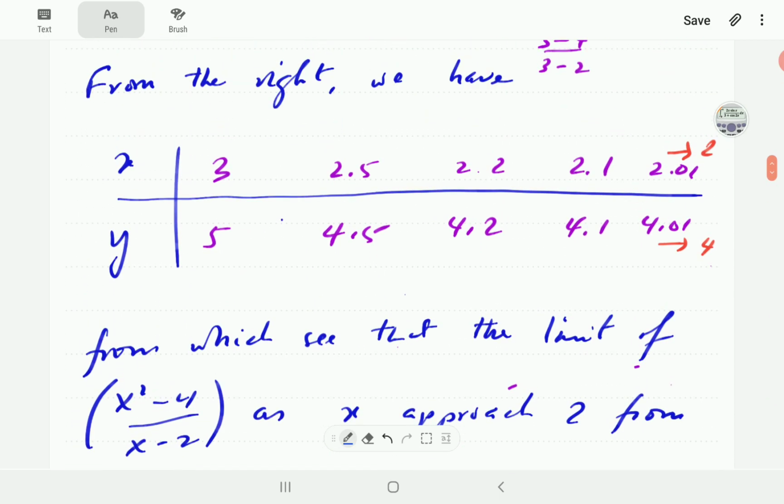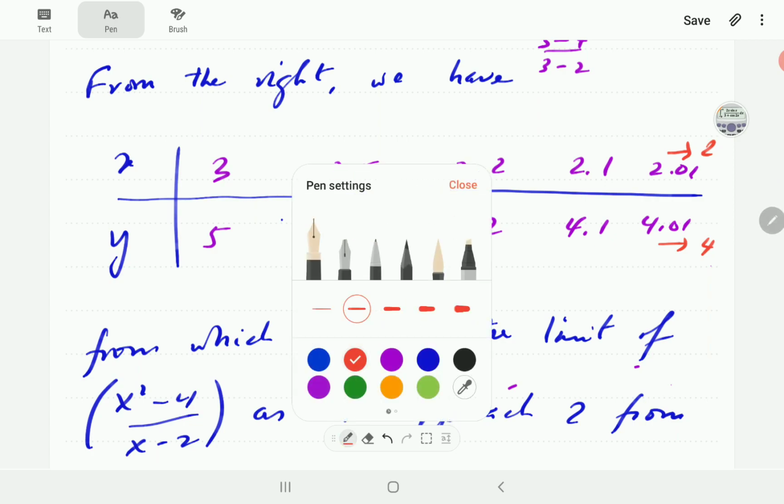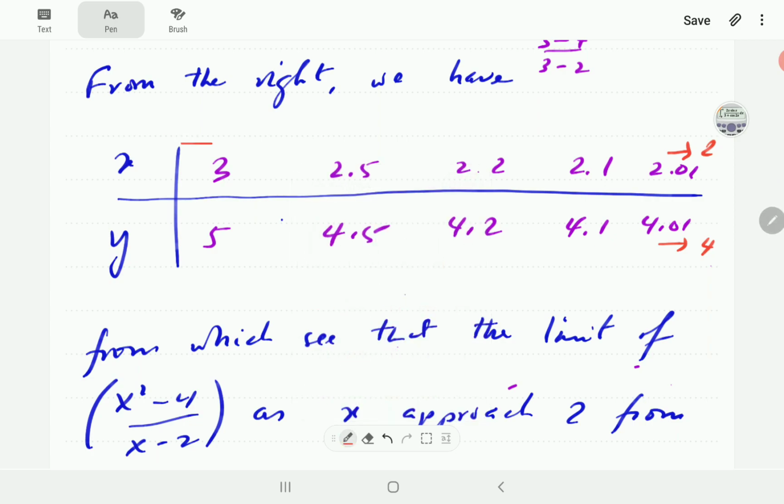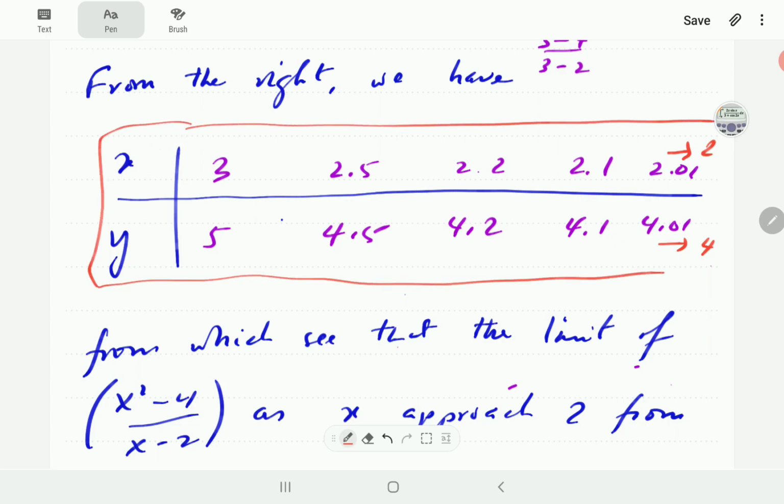All right, and then the other thing that we're going to make a note of is this tabular analysis that we did here is called the numerical method or the numerical approach of analyzing the limit. So in this method, we simply plug in some numerical values and see what happens to f of x.